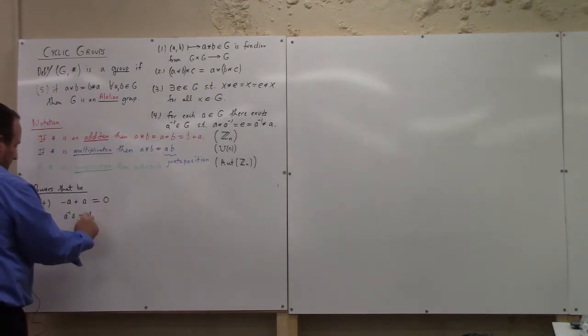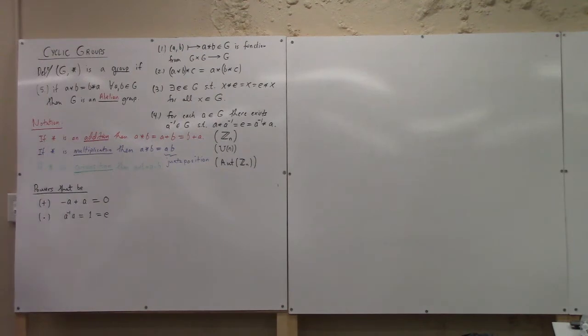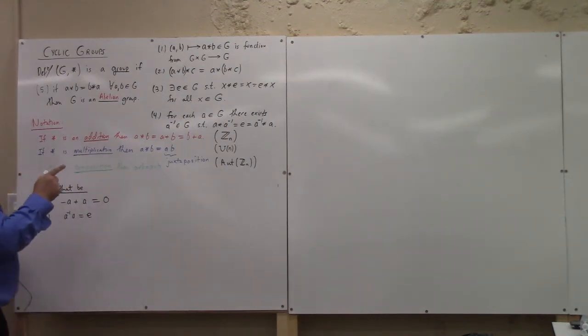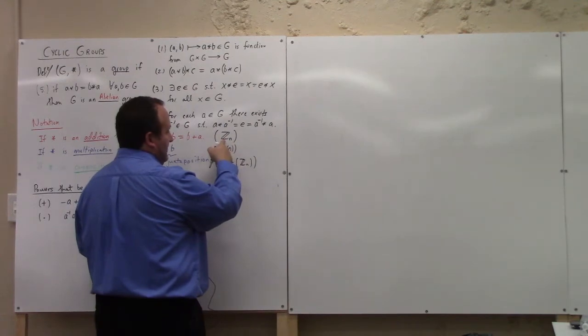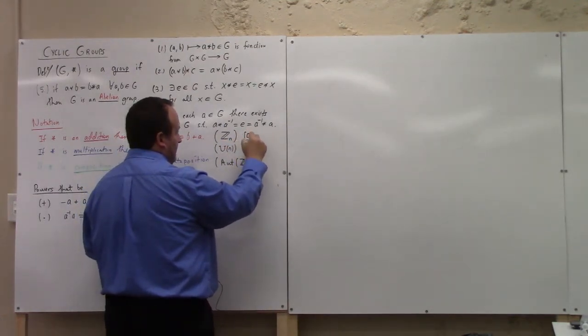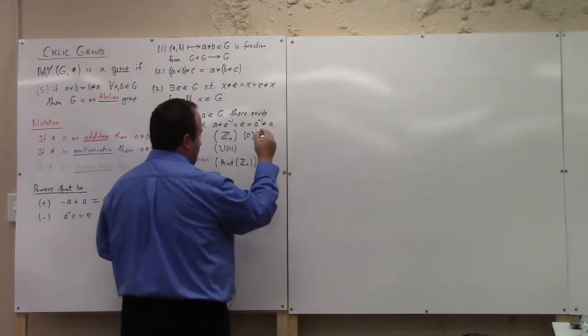Well, I'll go with e in the abstract. I'm going to go with e as the abstract identity, but it is true that the additive identity in Z_n is really like 0, which you could just write as 0.